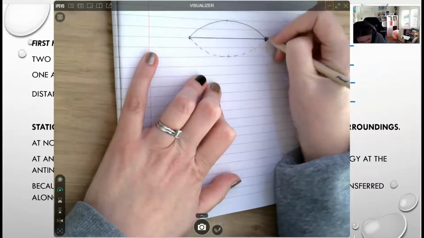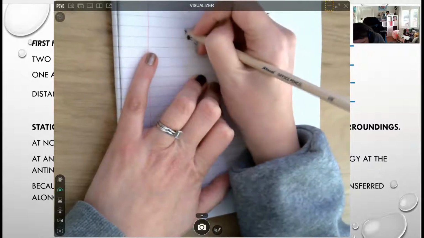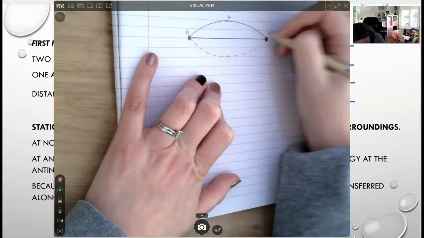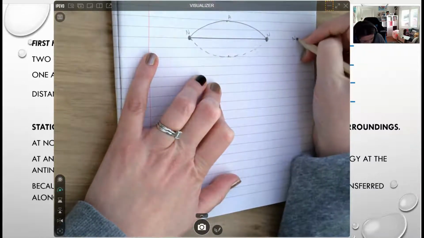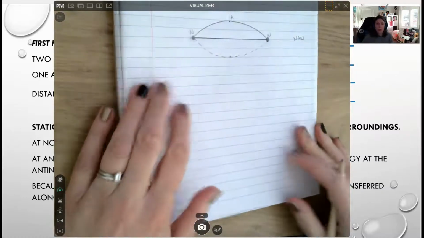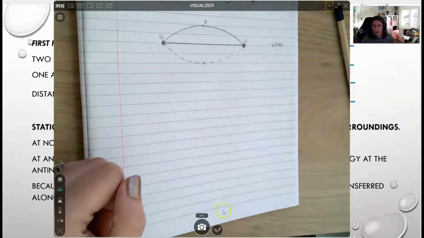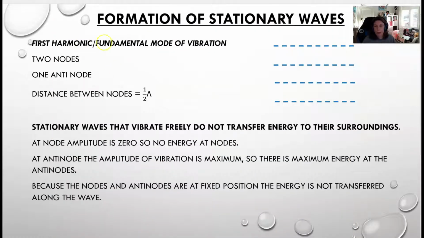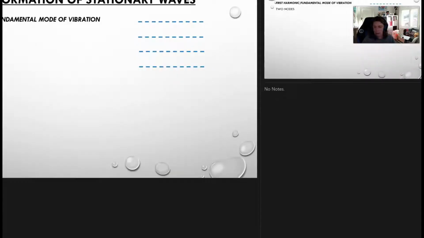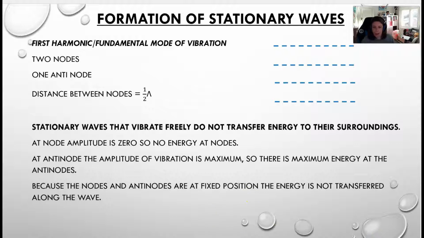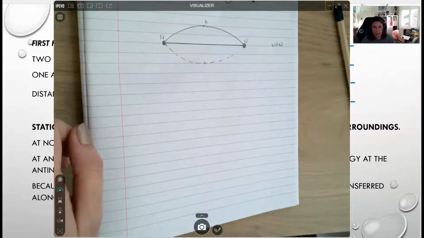And you can see here I've got a node, and an antinode. I like to write this at the side. It spells nan, which is cute. This is called the fundamental frequency, or the first harmonic, or the fundamental mode of vibration. It's the lowest frequency I can make on a piece of string, okay?